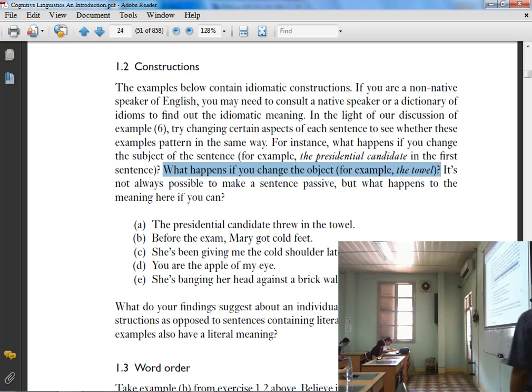What if you make a small change to some of the parts of the constructions of the idiomatic expressions, like throw in the towel? What happens if I say the presidential candidate threw in the hat? What happens? What does throw in the towel mean?